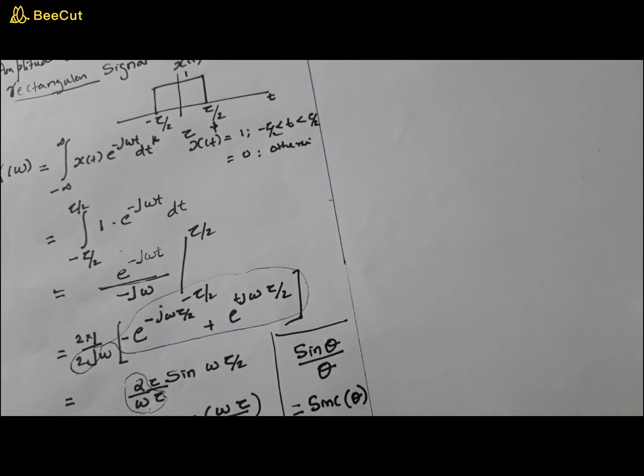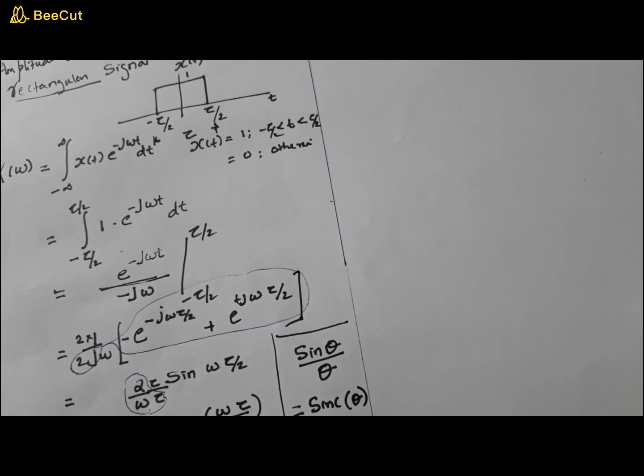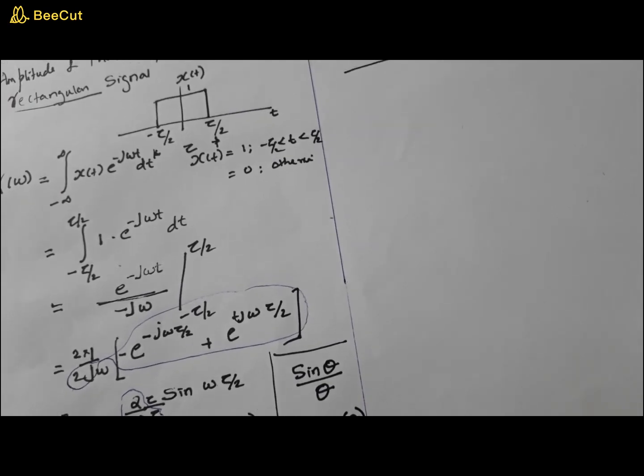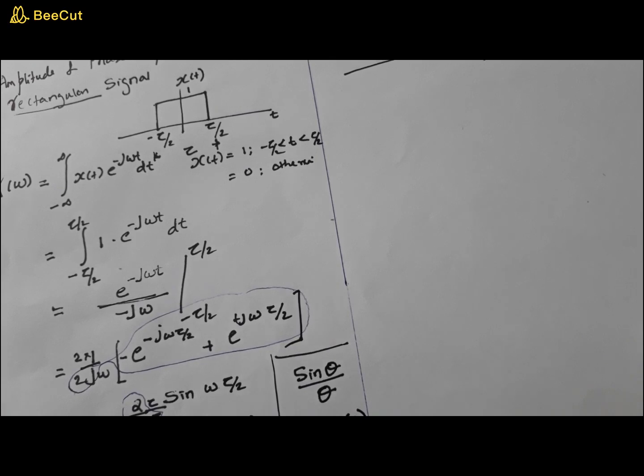So when omega becomes 0, this becomes tau into sine 0 by 0. What is that? We have studied in the limit theorem that as theta tends to 0, sine theta by theta is equal to 1.